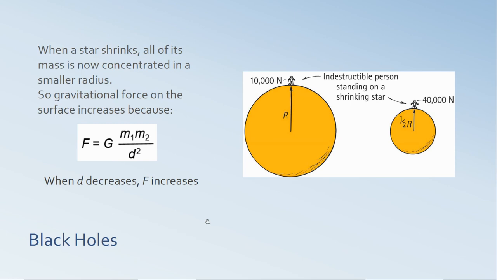The gravitational force is going to increase because our force is equal, remember, to the gravitational constant times the two masses multiplied together divided by the distance squared between them. We've kept the masses the same here, but we've decreased the distance. Okay? So because we decreased the distance by 1/2, we square that distance, we've increased the force 4 times.